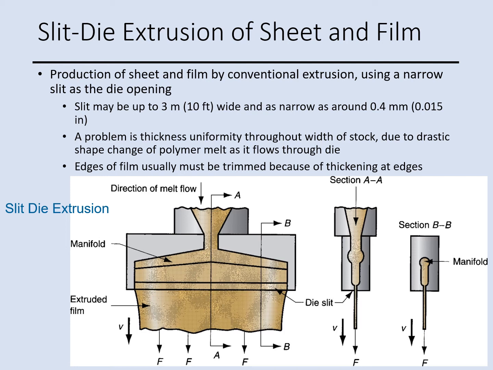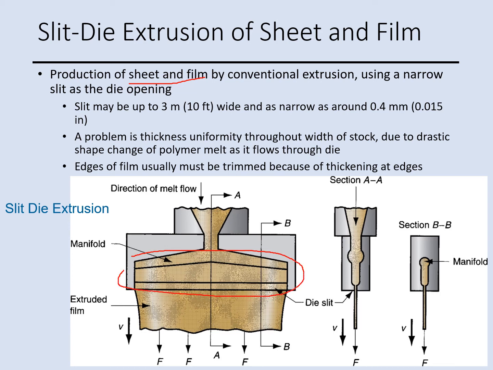In this process, we can create a sheet and film by a conventional extrusion process, and it has a narrow slit, which is a die opening, as you see in this picture.